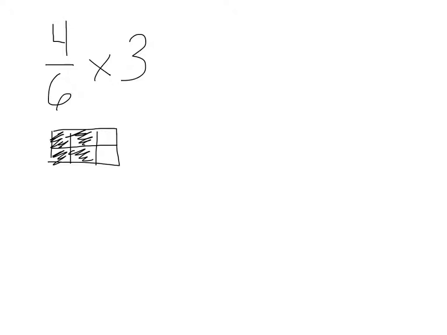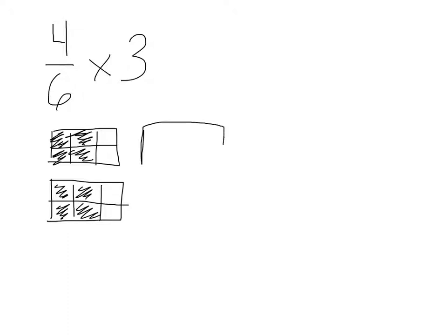There's 4/6. The problem 4/6 times 3 means I need to draw that model 3 times. So 1, 2, 3, 4. So there's 4/6. And if I draw that model one more time, I will have an answer.